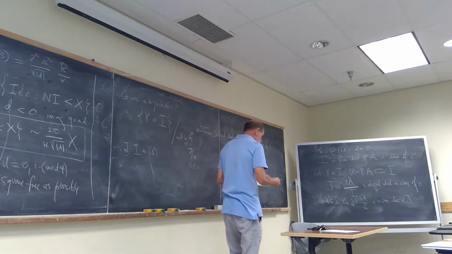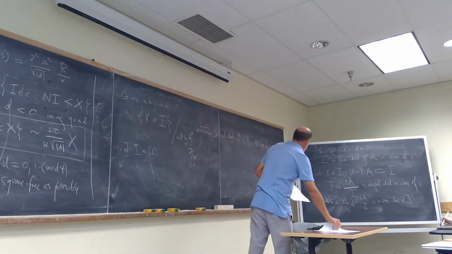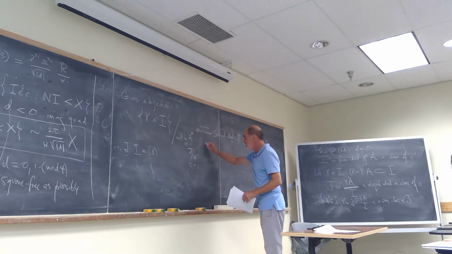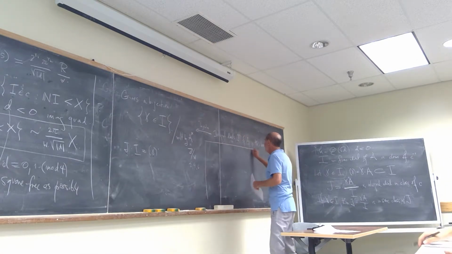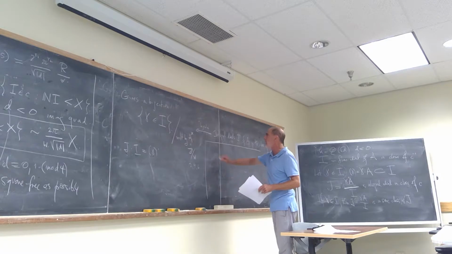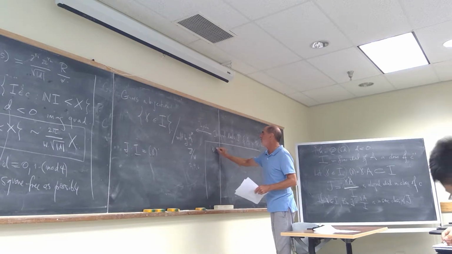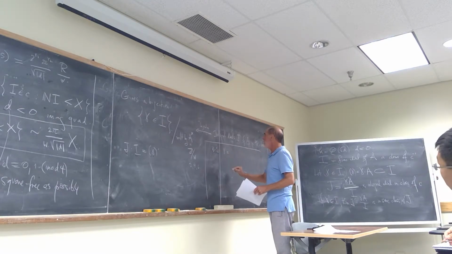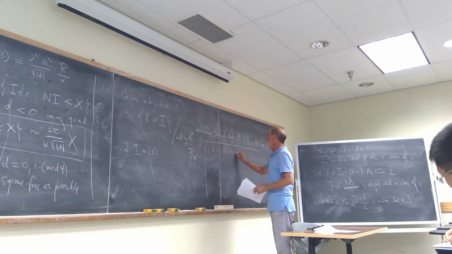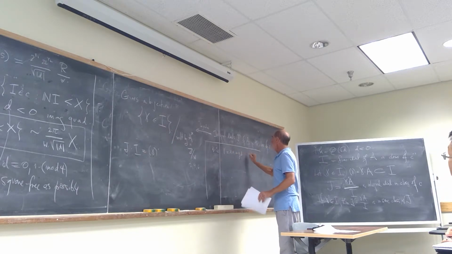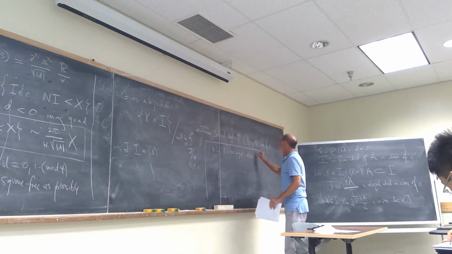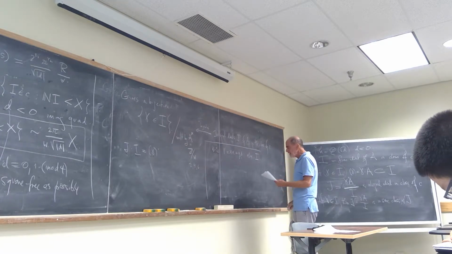All right, now, how do we get the binary forms? Well, take this ideal, let's write these elements gamma in I as X alpha plus Y beta, where I, as a free Z module, is generated by alpha and beta.